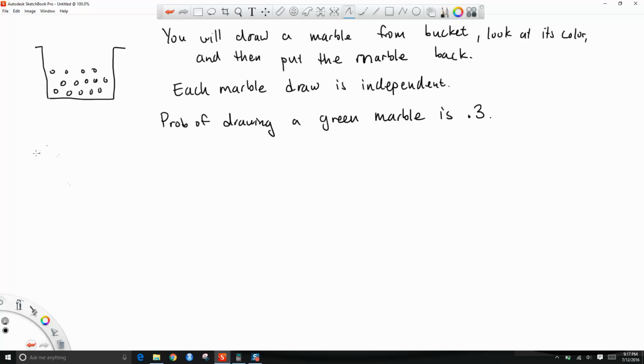So we'll say you draw 3 marbles, or you draw 3 times. Each time you draw one, look at it, put it back. Draw one, look at it, put it back. You draw 3 times. What is the probability you draw 0 green marbles?